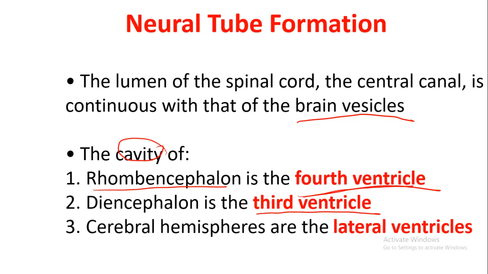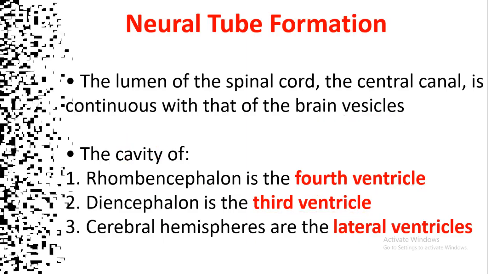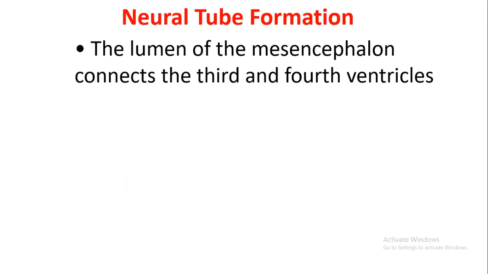So the lumen between the diencephalon and the rhombencephalon, that part is connected by the lumen of the mesencephalon. Okay, so that's one thing we need to take note of, whereby I've said the lumen of the mesencephalon connects the third and fourth ventricles.